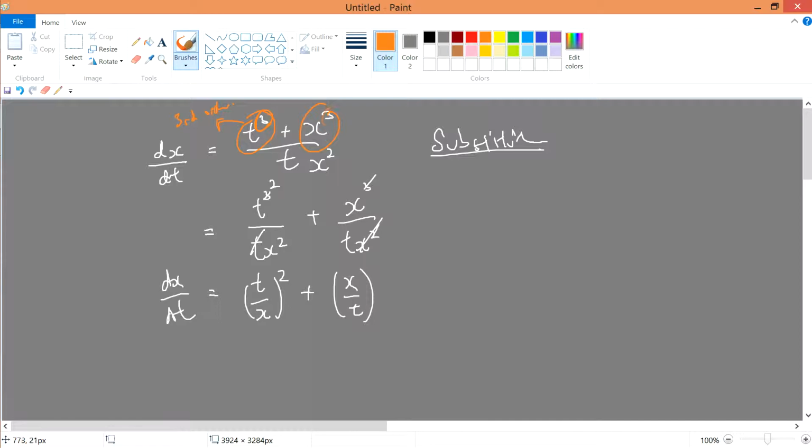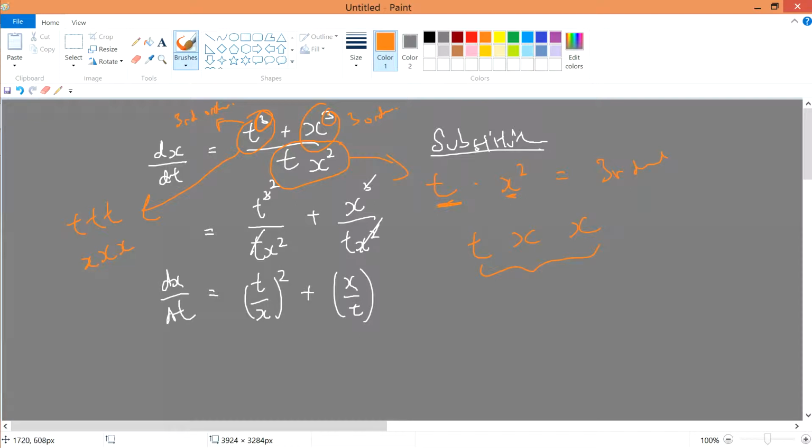This term is also third order. And t times x squared is also third order, because there are three factors in there, just like t cubed is t times t times t, and x cubed is x times x times x.